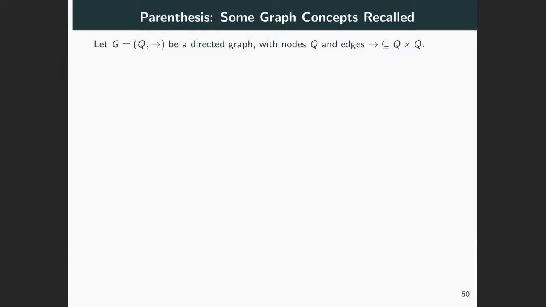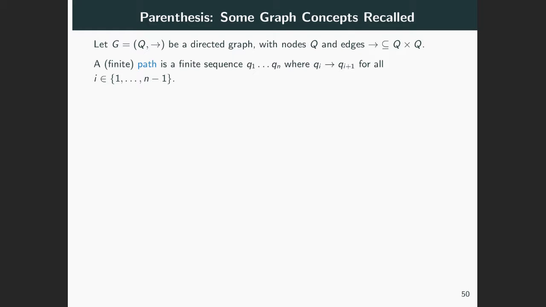In preparation for the lemma, let me now recall some graph concepts. Let G be a directed graph with nodes Q and edges denoted using arrow. Note that we allow self-edges, edges between a node and itself. All concepts on this slide will be relative to the graph G. You should all be familiar with what a finite path in a graph is.